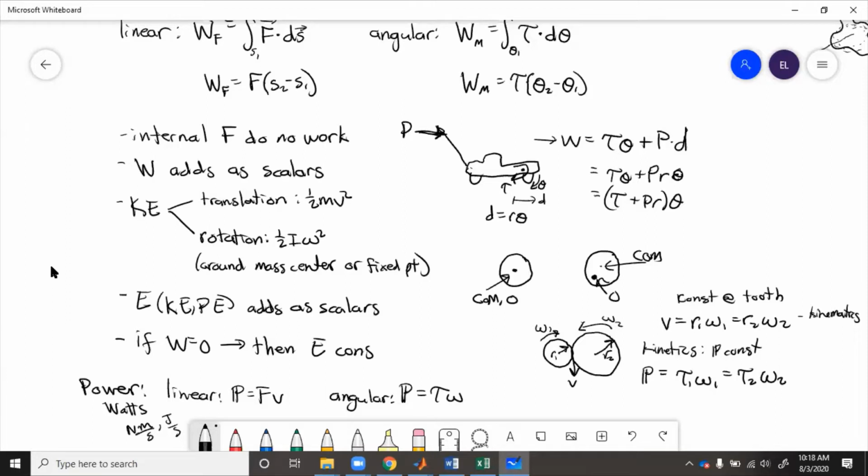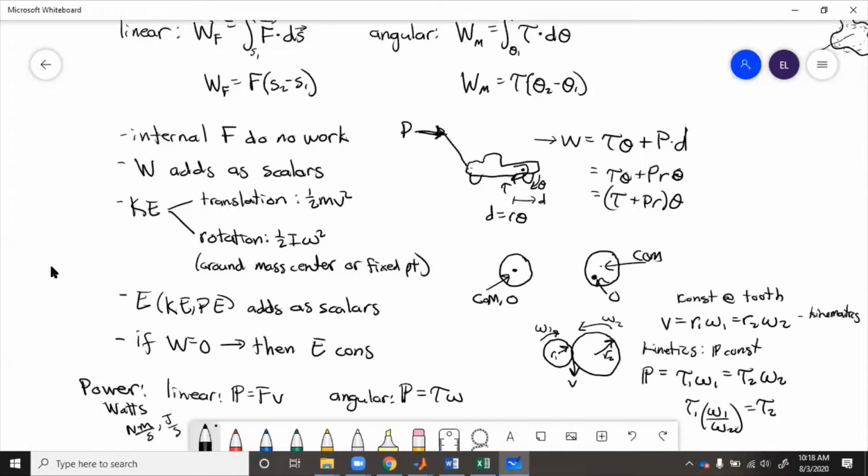So if you're going to use a little motor, it'll have a little torque and a high speed. And then at the output, you'll get a high torque and a lower speed. So if we want to see what the output torque is going to be, torque input times omega input over omega output equals torque at the output.